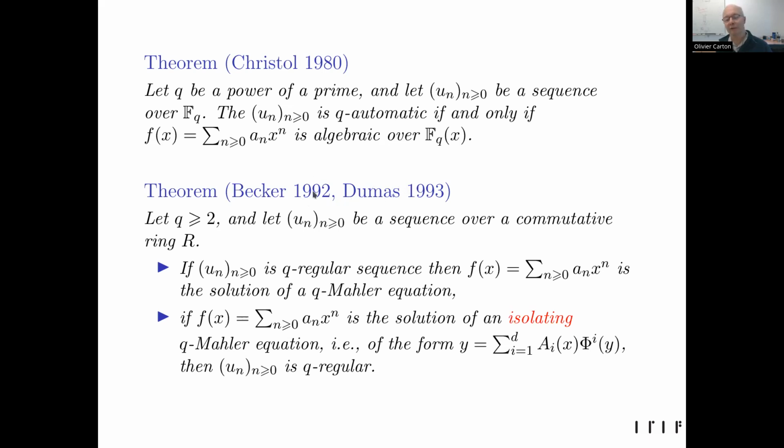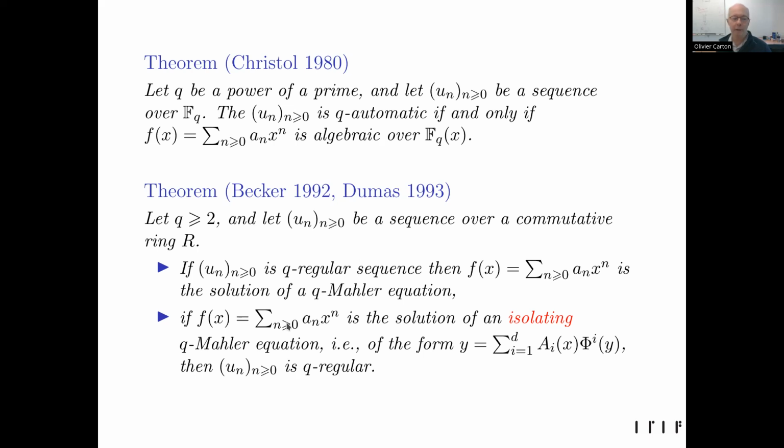And the statement is not anymore an if and only if. It's two implications. First, if the sequence u_n is q-regular, which means computed by a weighted automaton, then it is a solution of a q-Mahler equation. So it is the same as q-automatic implies algebraic, not exactly the same, but the extension of this statement.